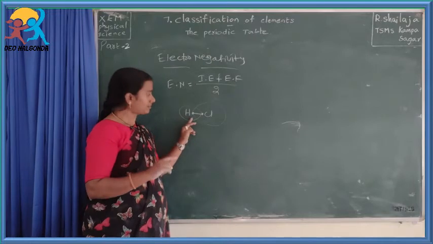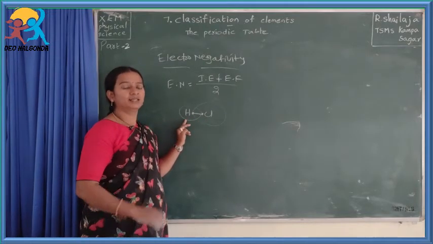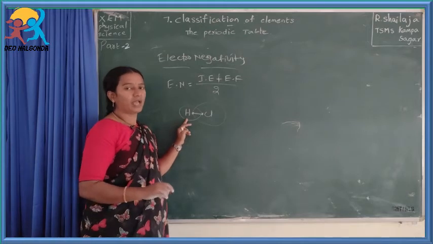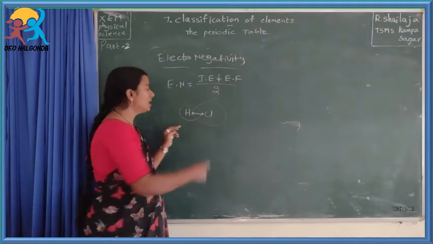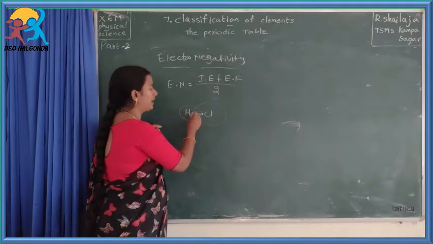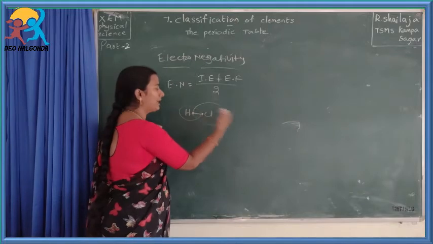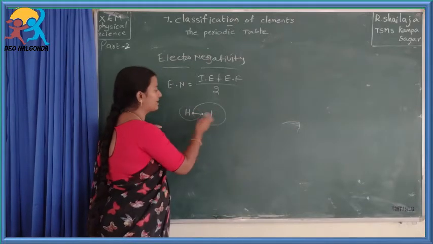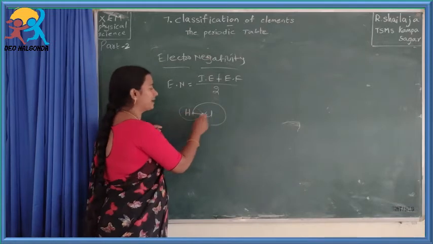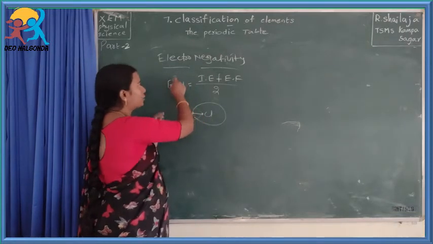Chlorine has more power to pull the bonding pair of electrons towards its side, and less towards the hydrogen side. So this tendency, this capacity, is considered electronegativity.